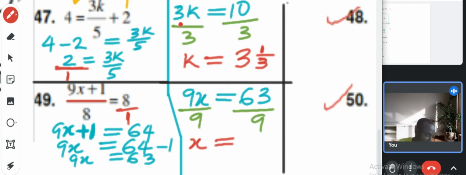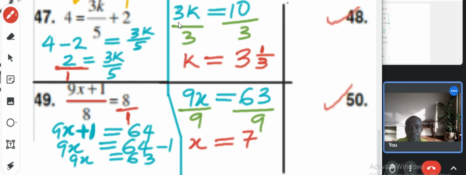What would that give us? Guess what would that give us? It's 7. So x is equal to 7.